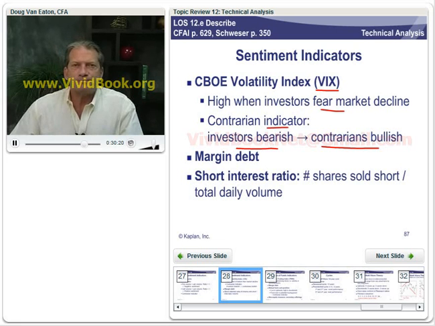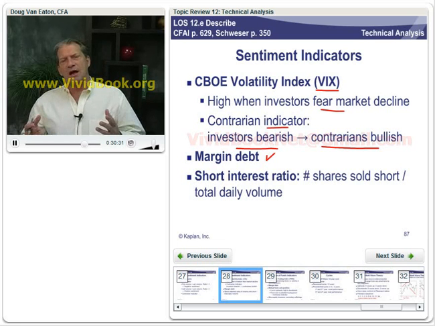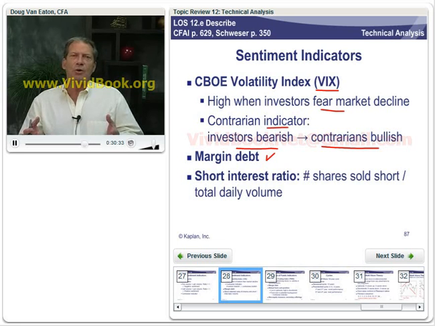Margin debt. Well, when margin debt goes up, okay, that's taken as sometimes a contrarian indicator, because at market tops, the amount of margin debt employed is typically cyclically high.